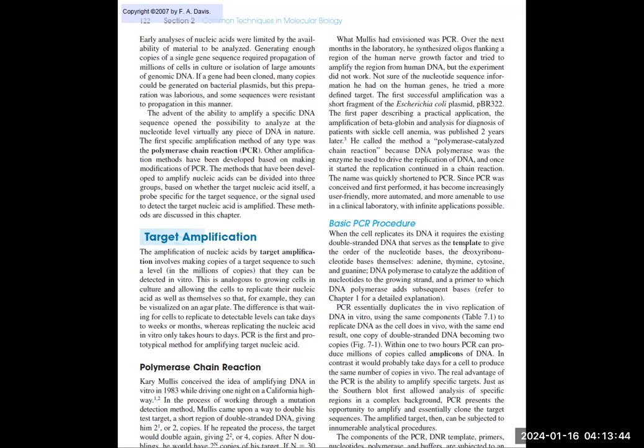So we can do that easily in the lab through this technique. We have DNA synthesis or replication utilizing the same components, guys, to produce two copies of double-stranded DNA from one within 1 to 2 hours. So somehow, if I'm trying to summarize things here.